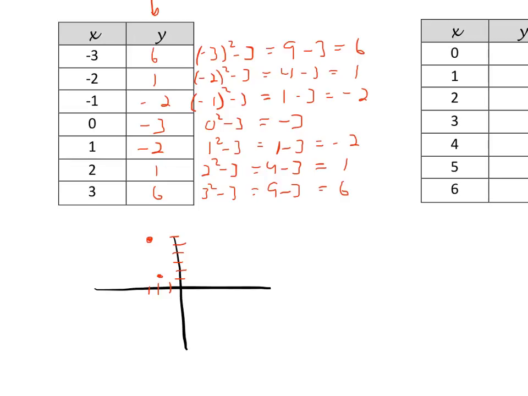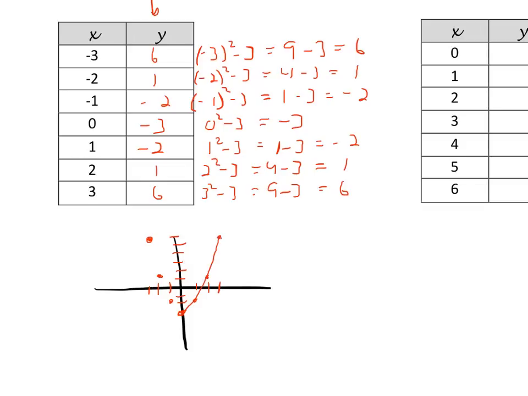We have 0 and -3, which is about there. We have 1. Oops, I forgot -1. And -1 is -2. 0 is -3. 1 is -2 again. 2 gives us 1. And 3 gives us 6 again.